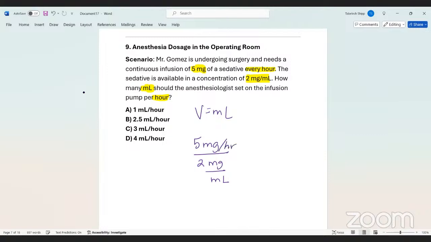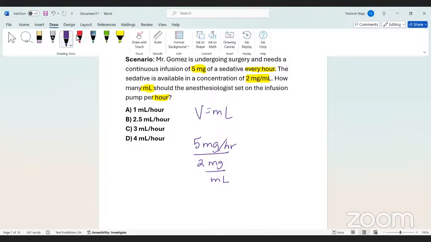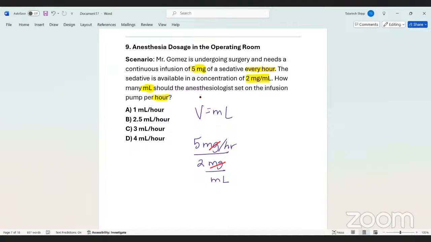And if I put 5 milligrams per hour, I could do it like that. But then you've got to remember, in this particular case, like terms cross out. That is correct. You're going to get rid of your milligrams.